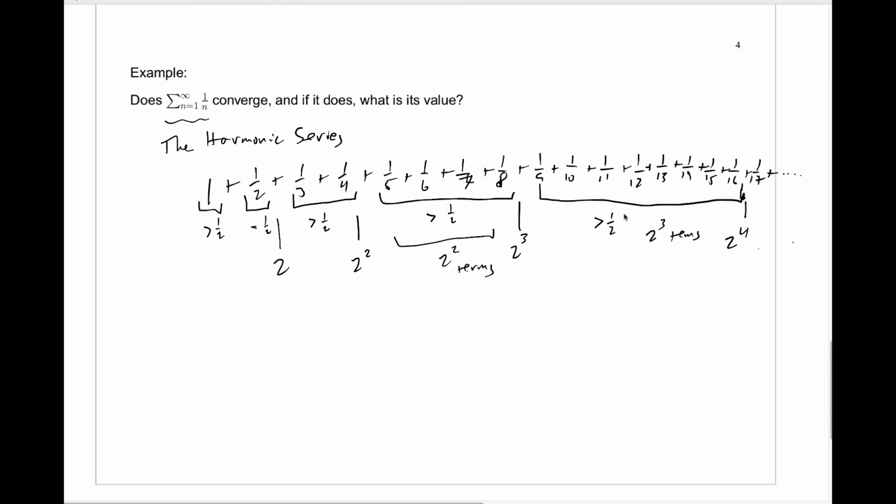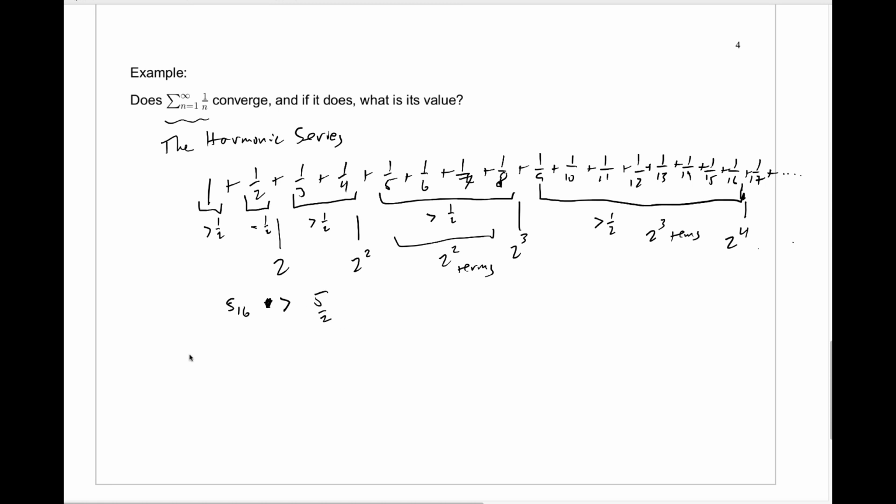So what does that mean? That means when I add up all the terms all the way up to, in this case, 2 to the 4th, what do I get when I add the terms all the way up to this 16th term? That's what we call little s sub 16. I can't tell exactly what it is. It's a messy rational number, but I know it's bigger than 1/2 plus 1/2 plus 1/2 plus 1/2 plus 1/2. Here I have exactly 5 halves.